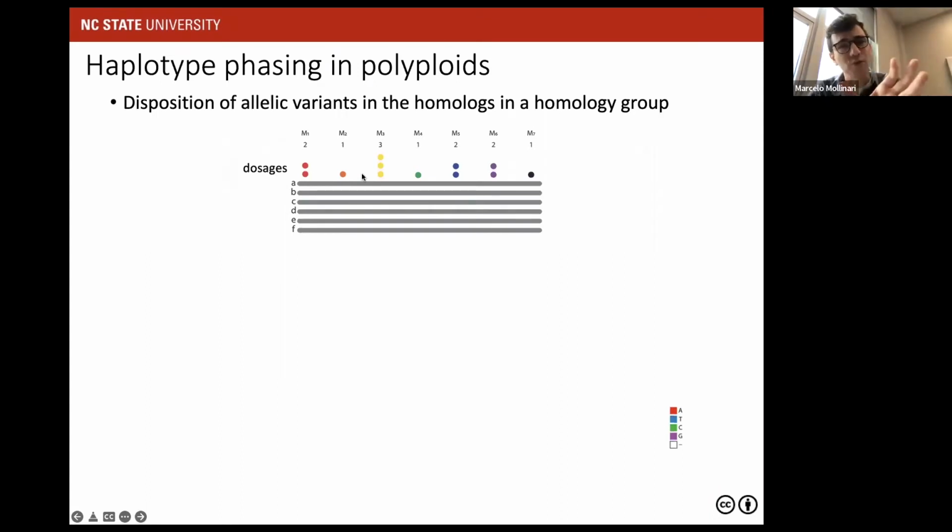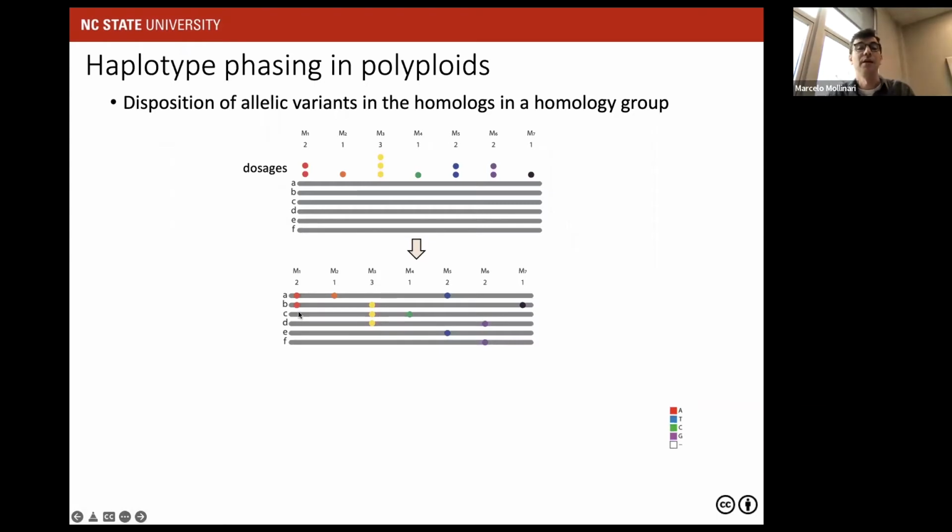It's just a small piece of chromosome, 7 markers, right? And I will have 2 doses, 1 dose, 3 doses, and so on. This is the information. What I want to achieve is this information. I have the 2 doses in the first homologs, the second dose in the first homolog, and so on. I want to know how these doses are distributed.